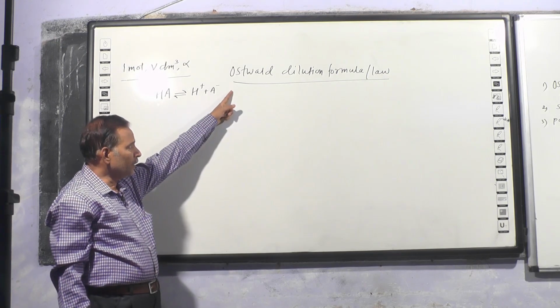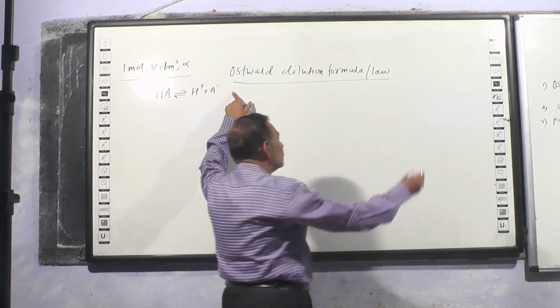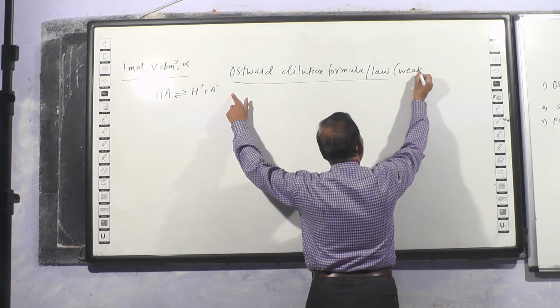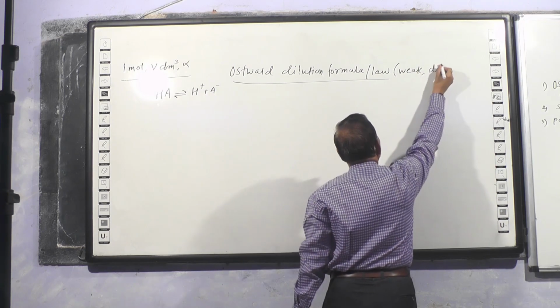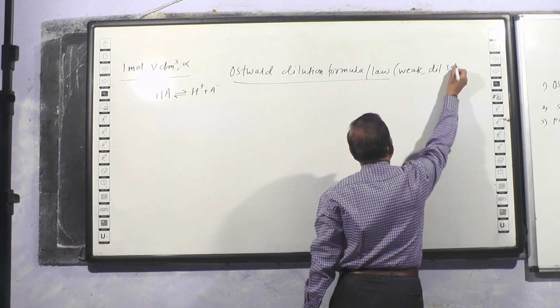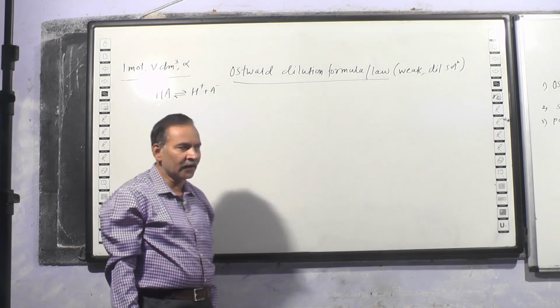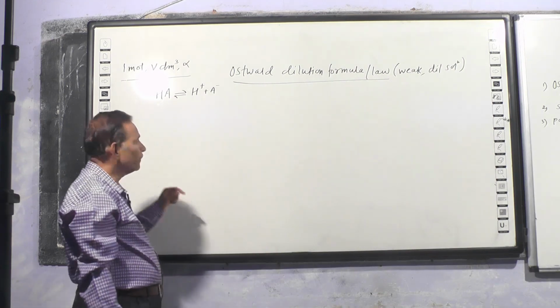This Ostwald dilution law is applicable to weak electrolytes and to dilute solutions. The electrolyte should be weak and the solution should be dilute.